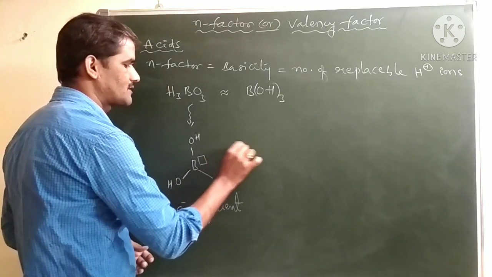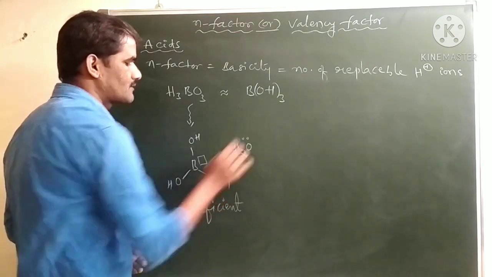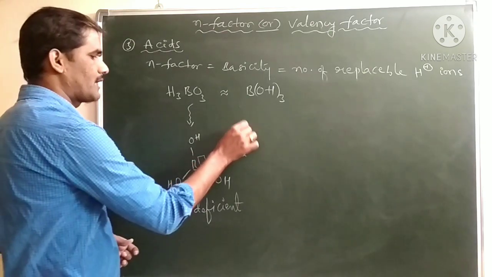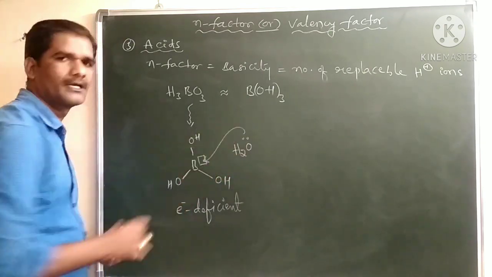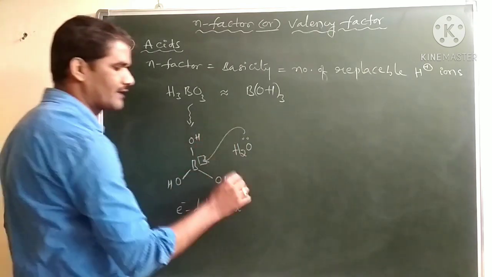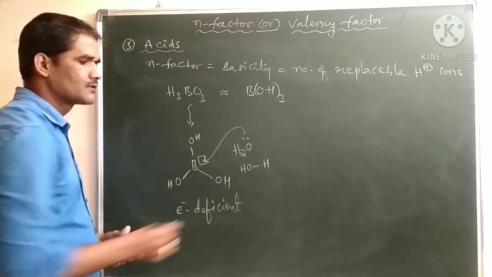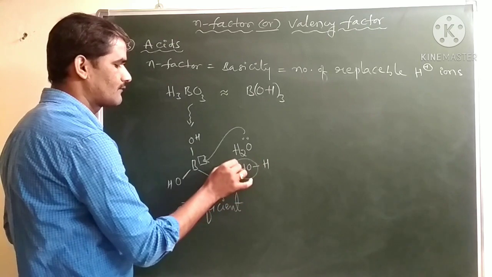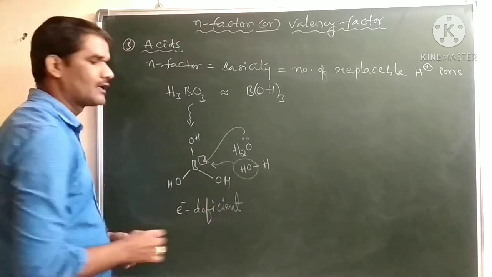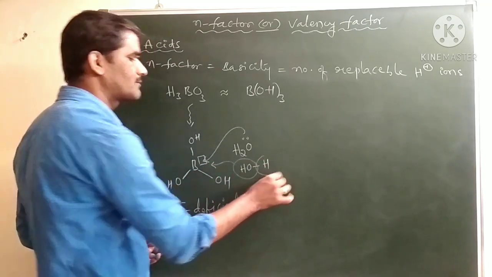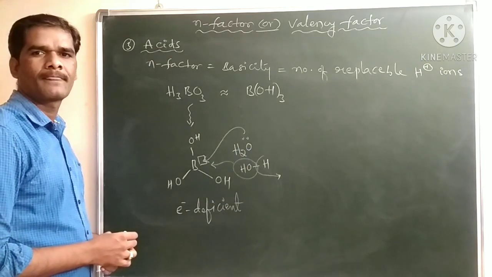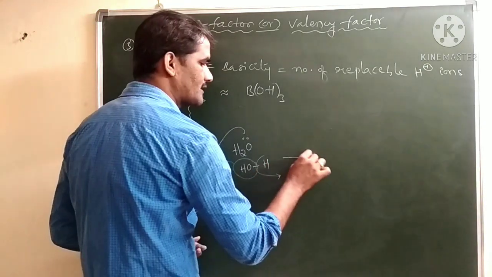So this vacant orbital accepts a pair of electrons from the water. Water we can write like this, HOH. This HO part will be attached to the boron. Now the hydrogen is replaceable from the water. So the resultant structure will look like this.